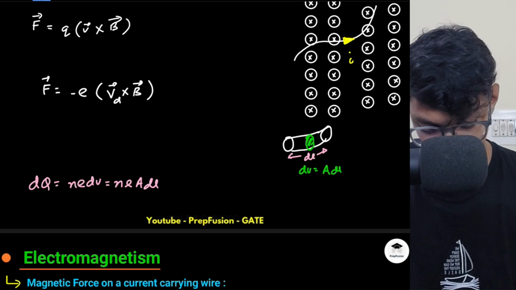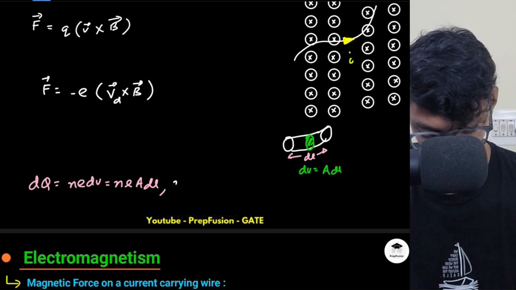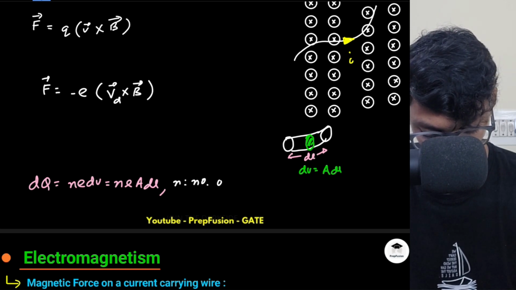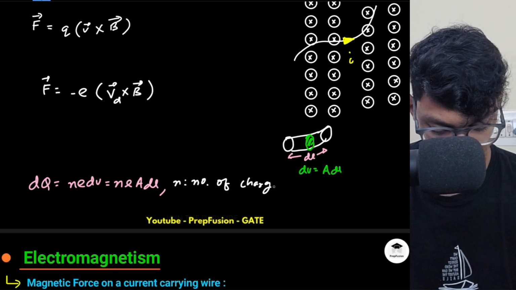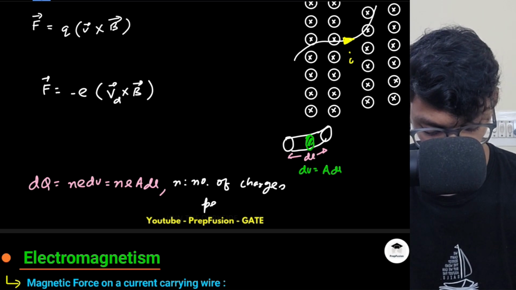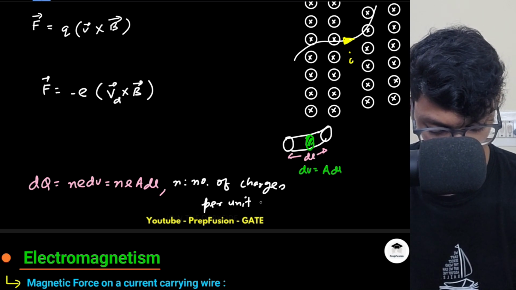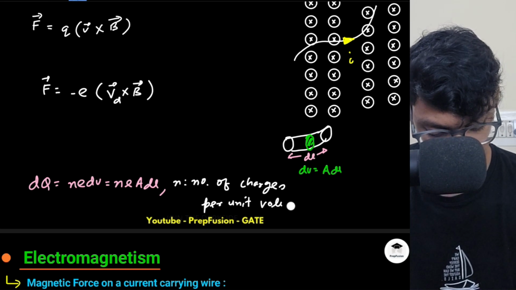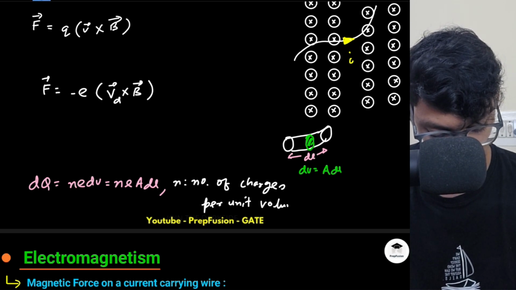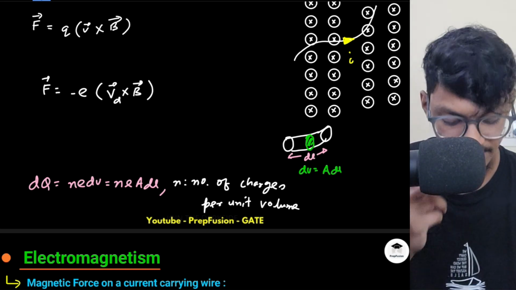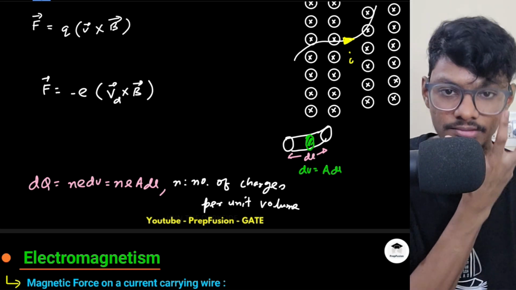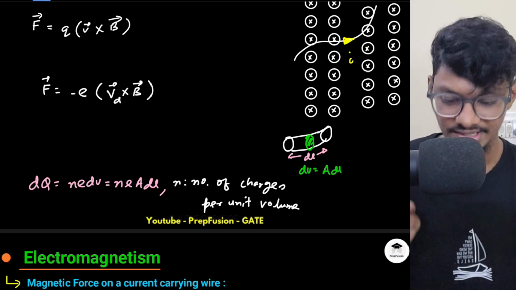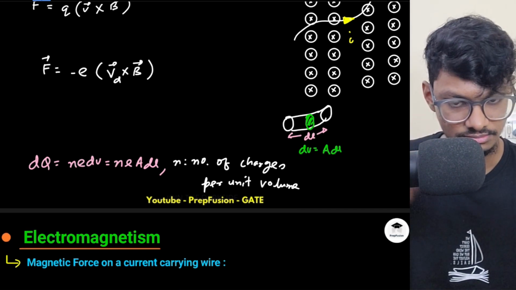Now what is this n? n is the number of charges per unit volume. If you multiply the number of charges per unit volume by the volume, I get the total number of charges in that small volume, and if I multiply it with the charge, obviously I get the total electronic charge.